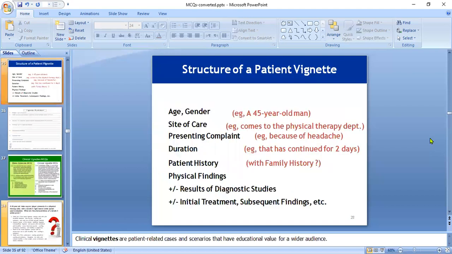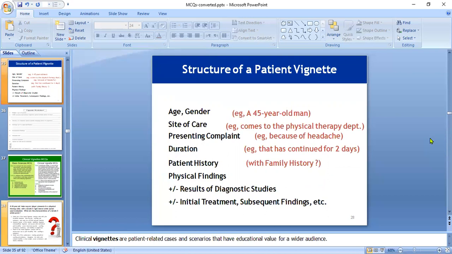The structure of a patient vignette should contain the age and gender of the patient. Almost every vignette of this kind, you must have observed, starts with, for example, a 38-year-old male or a 65-year-old female.